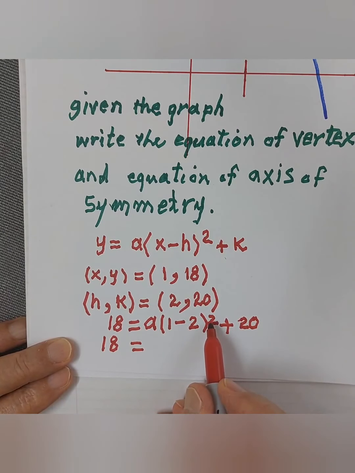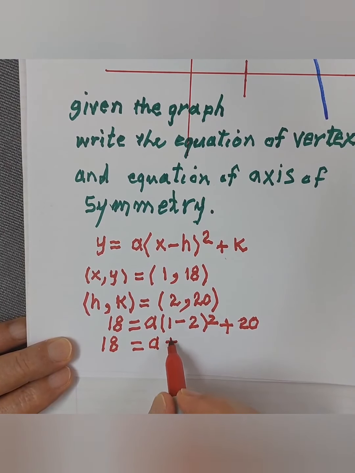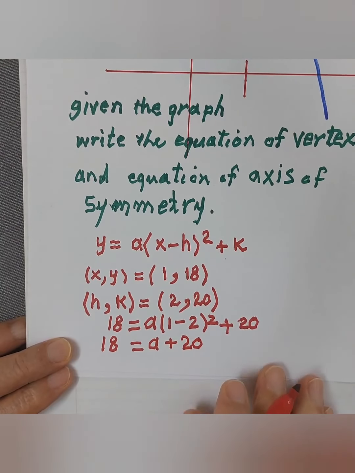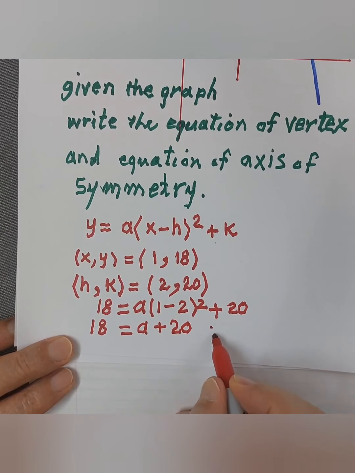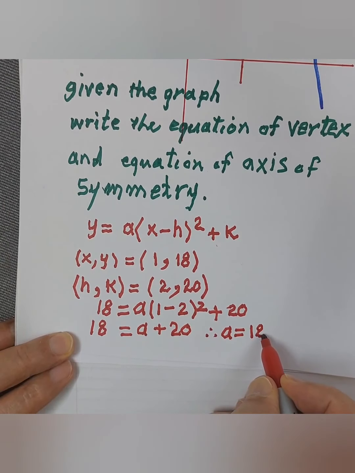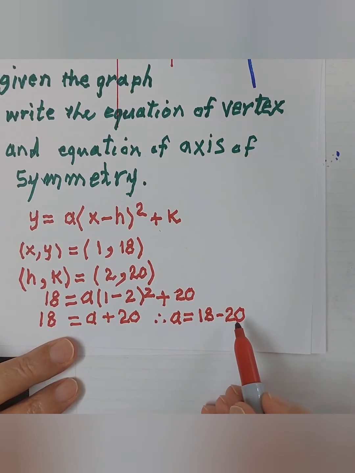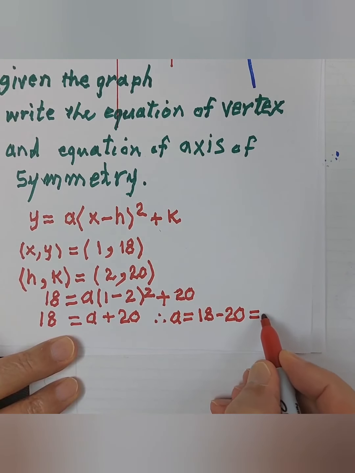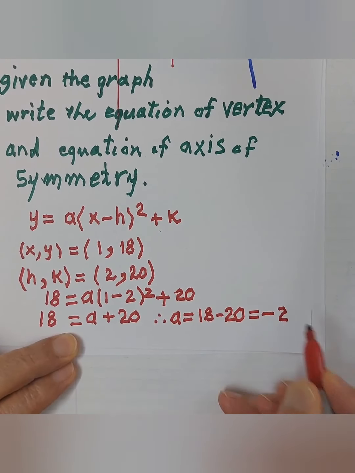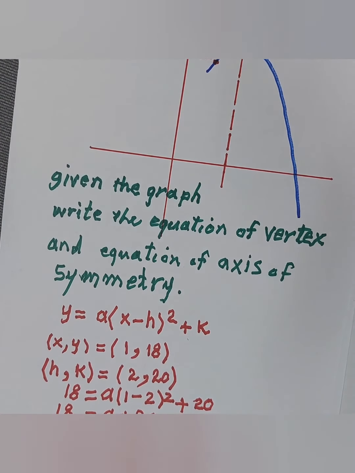Minus 1 squared means 1. 1 times a means a. Plus 20. This will give me a. a will be 18 minus 20, that means it is minus 2. So a is minus 2. And we expected it to be negative because, as you see, the graph opens downward. So a will be negative.